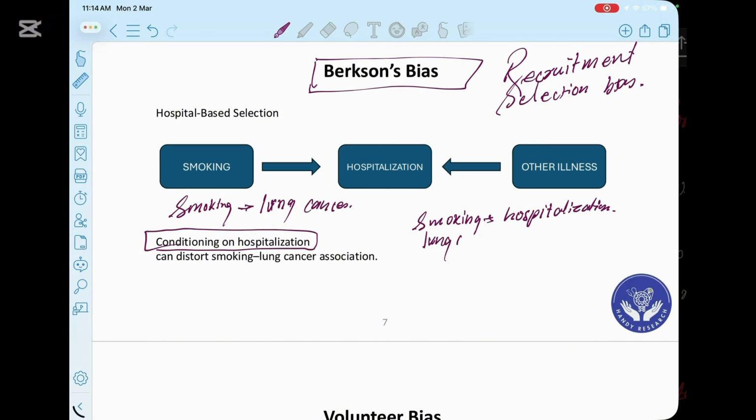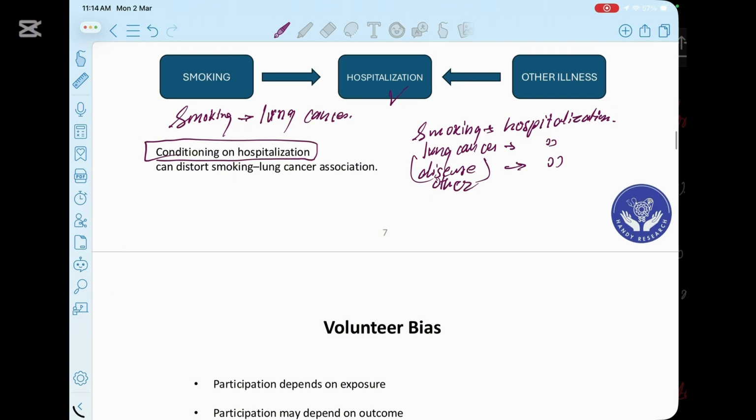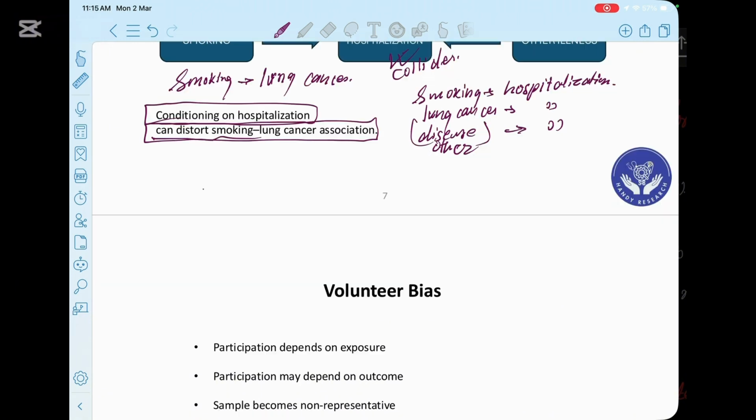Here hospitalization is the collider. If we analyze only hospitalized patients, we condition on hospitalization. We open a path between smoking and other diseases. This may distort the smoking lung cancer association, and this is Berkson bias. Hospital based controls may not represent the source population. That is the key conclusion of Berkson bias.